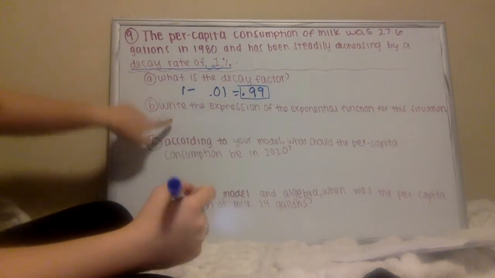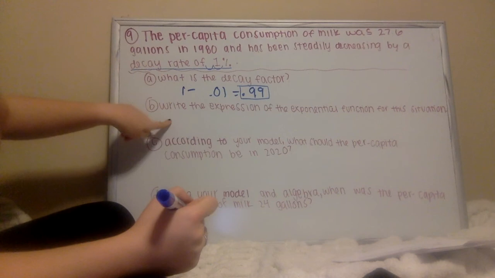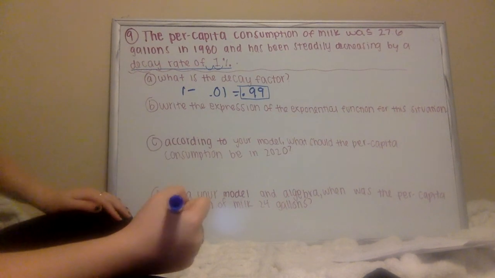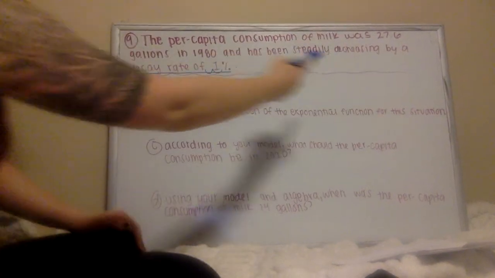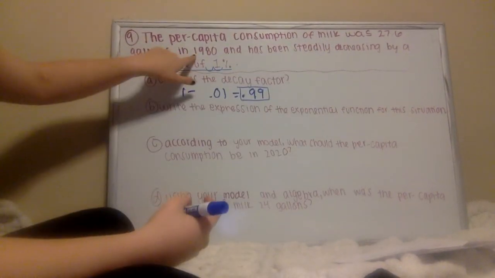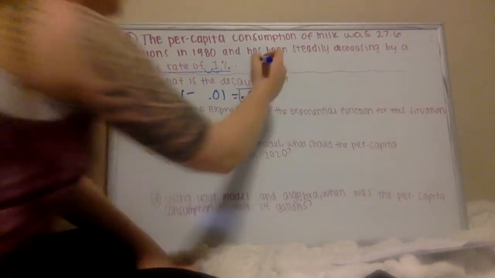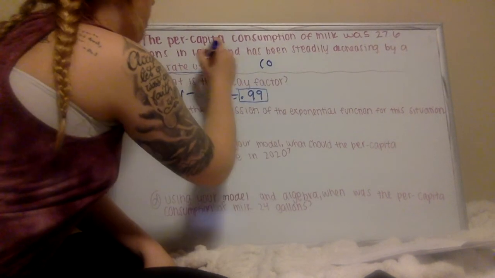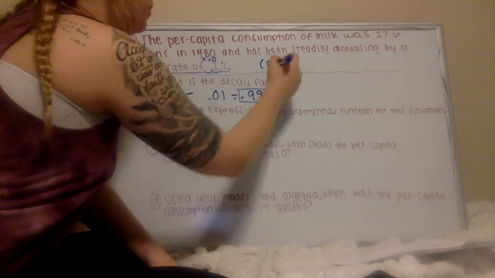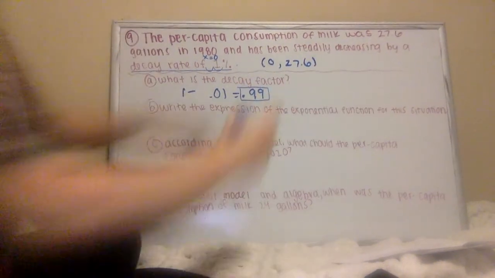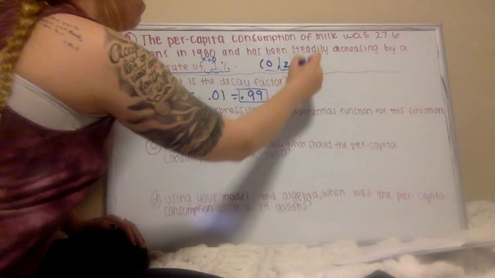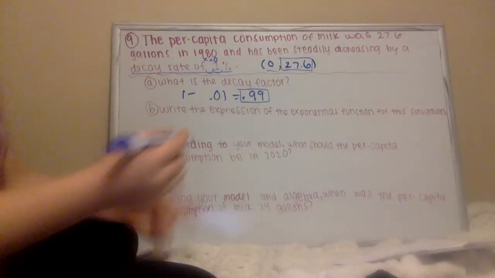So now it's asking us to write the expression of the exponential function for this situation. It tells us up here that our per capita consumption of milk was 27.6 gallons in our first year. Since this was our first year, this is the same as writing the point (0, 27.6), because this is our year x equals 0. Because our x value is 0, our y value is our initial value, or our y-intercept.